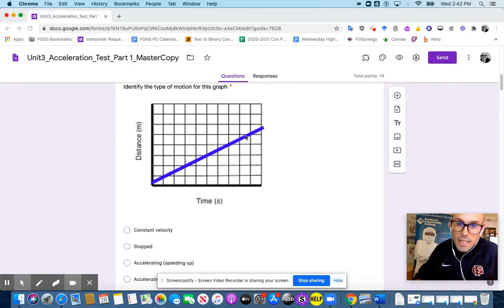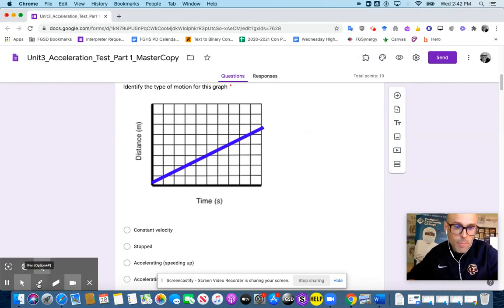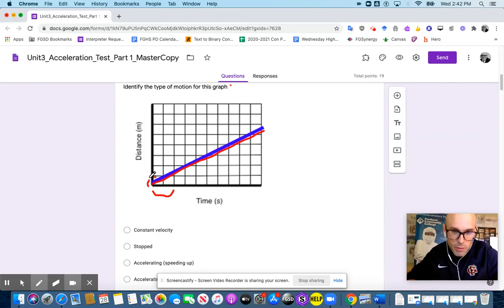The slope on a distance time graph is the velocity. So our slope here is constant. It's not changing. For every unit of time, every 2 boxes of time, it looks like we go up a little bit more than 1 box. So basically the slope stays the same.